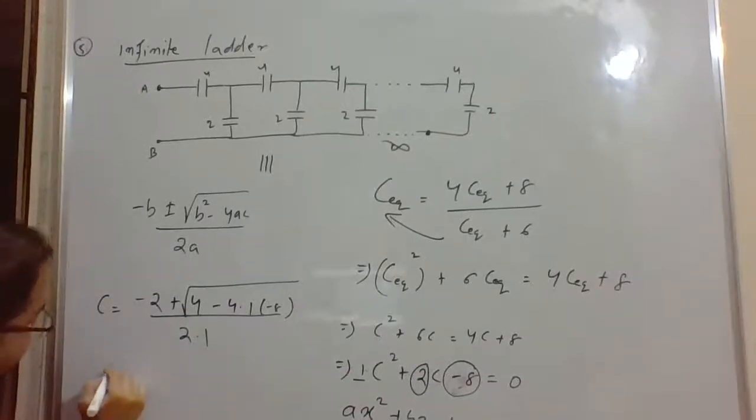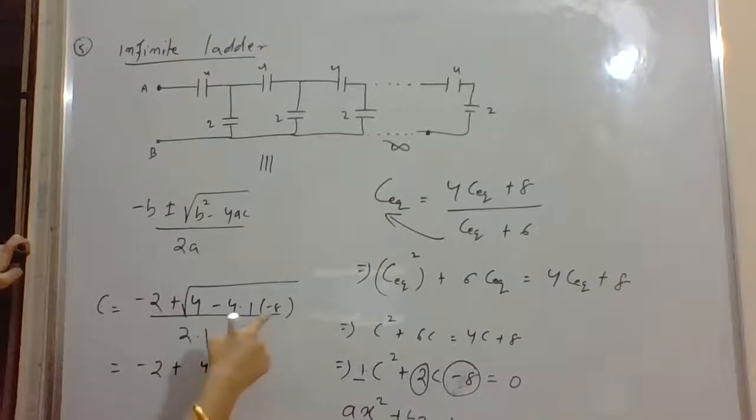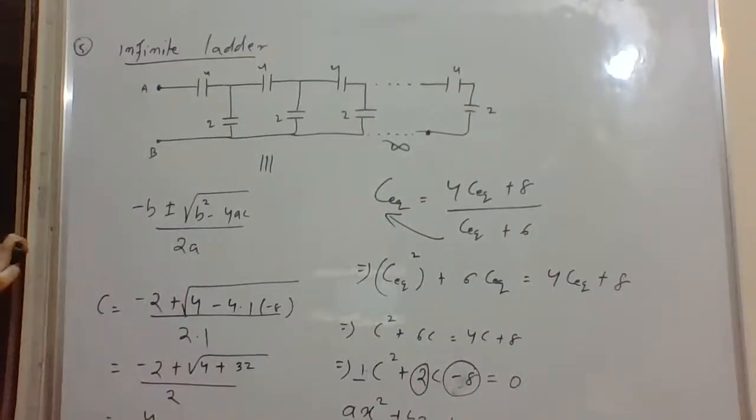So which would be minus 2 plus root of 4 plus 32, by 2. So this becomes root of 36, which is nothing but 6. So 6 minus 2 is 4, 4 by 2 is nothing but 2.